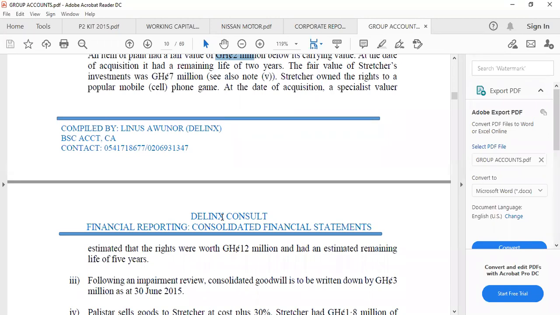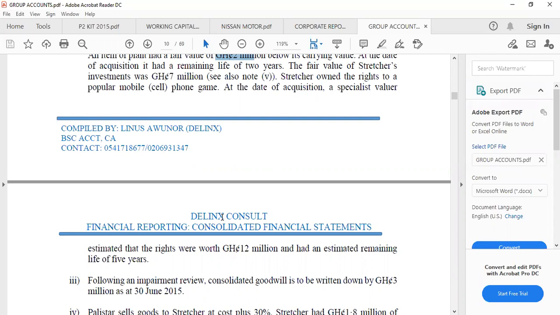Then you ask me, why didn't I add goodwill to the intangible? That's why I make it mobile phone, so that it will not be confusing. I can make it intangible because goodwill is also intangible. Or you can also say the right to mobile phone. Anyhow you do it.